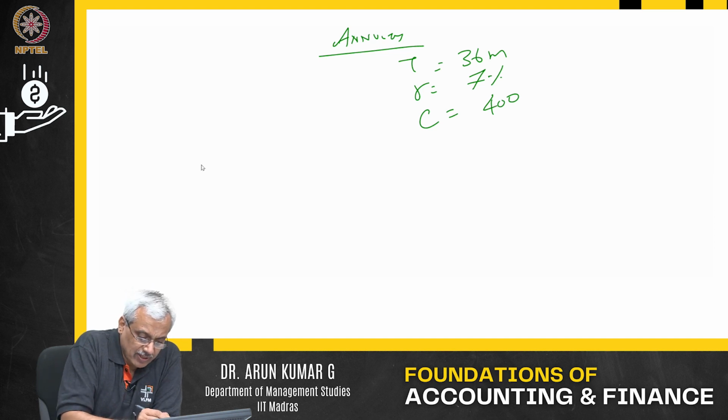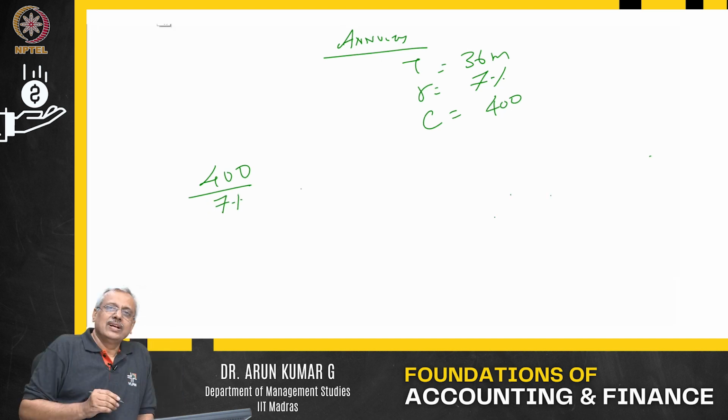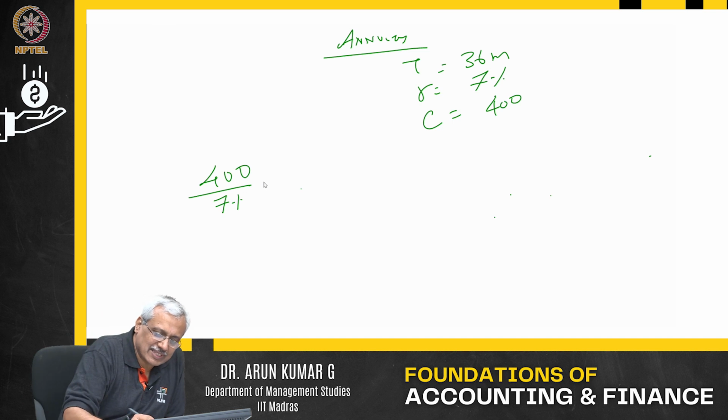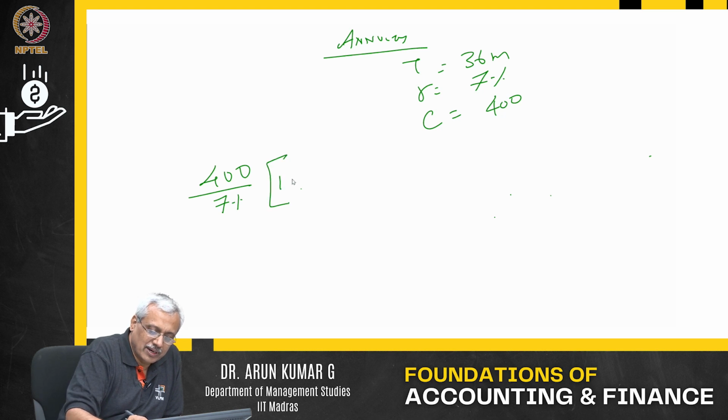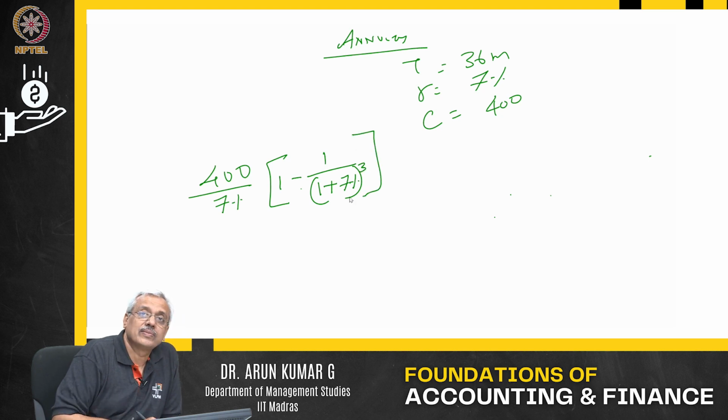So it will be 400 divided by 7% into 1 minus 1 by 1 plus 7% to the power of 3.